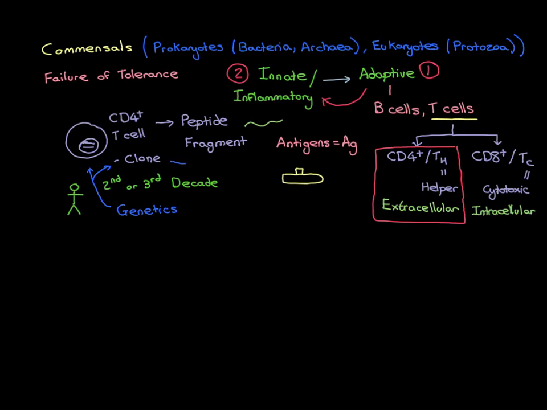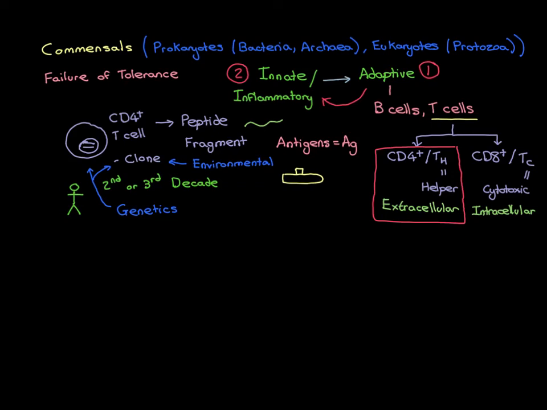So there must also be environmental factors which determine which clones of CD4 positive T cells you actually develop. And probably a degree of it is just luck, how your immune system develops, whether it all works perfectly and you don't end up with CD4 positive T cells that are directed against peptide fragments of the commensal microorganisms.